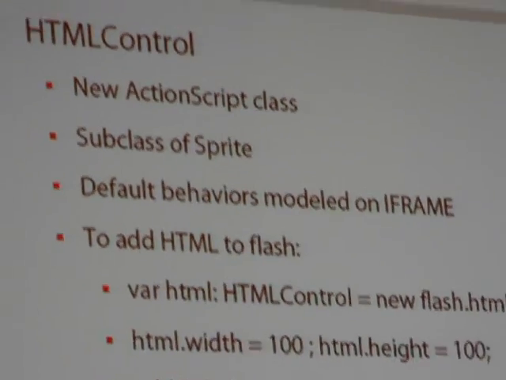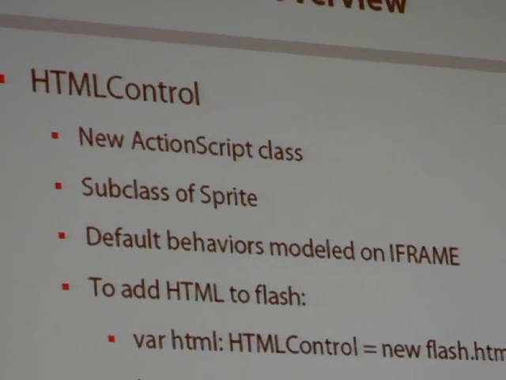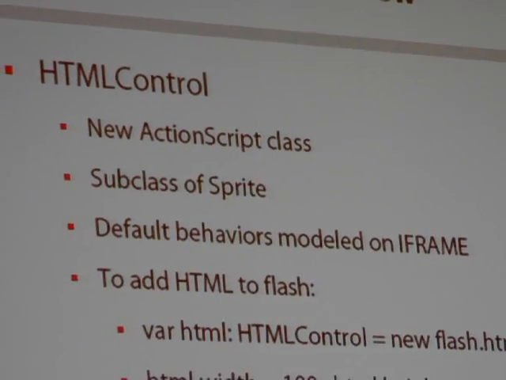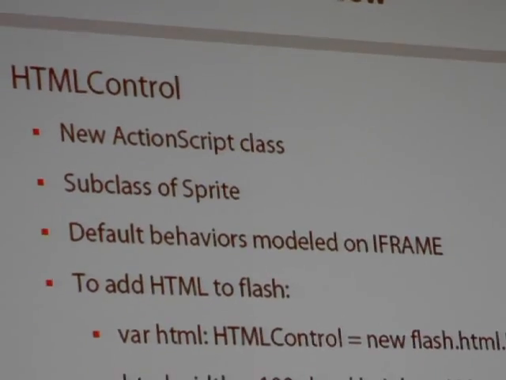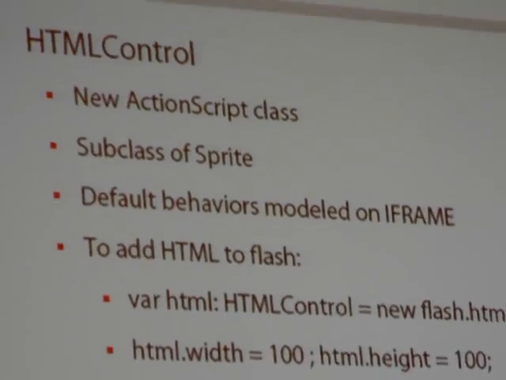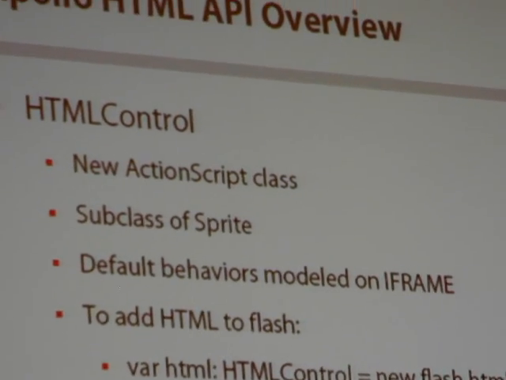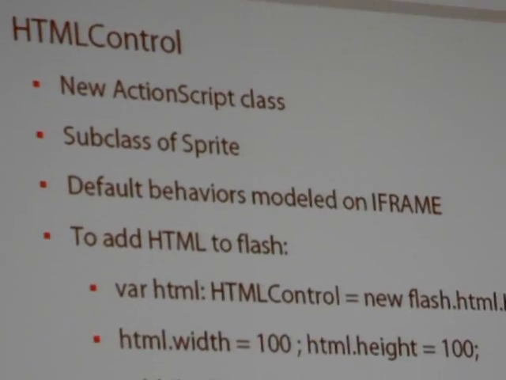It's a subclass of sprite, and of course sprite, via some number of intermediate steps, is a subclass of display object. So that means you can add it to the display list just like you can any other display list object. The default behavior of the HTML control is based on iframe.